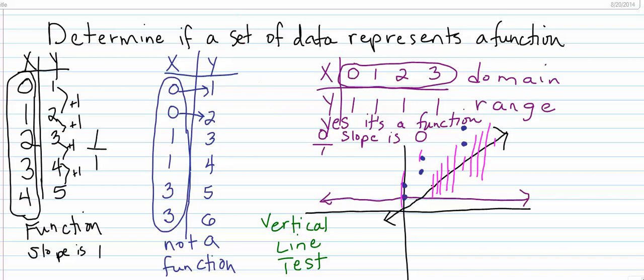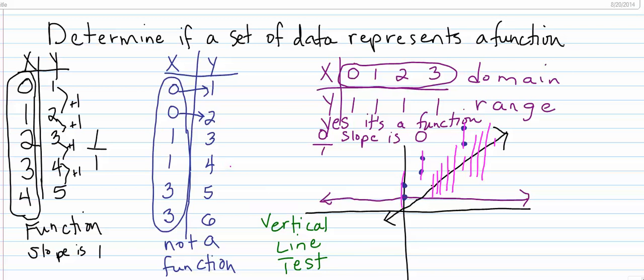Same thing is true for this set of blue dots. If I draw a vertical line, not bad, I cross the blue points 2 times in one vertical line. That also can determine for me that, no, this is not a function. That shouldn't happen. It fails the vertical line test. So that helps me also reinforce that the blue set of data is not a function.